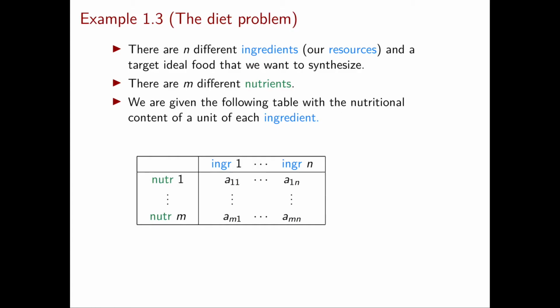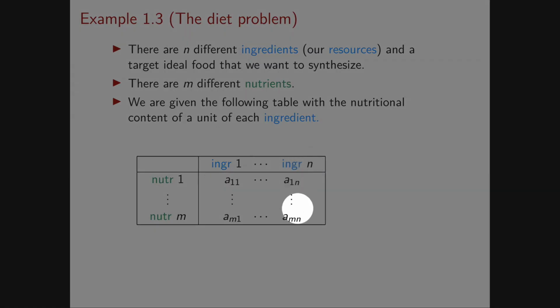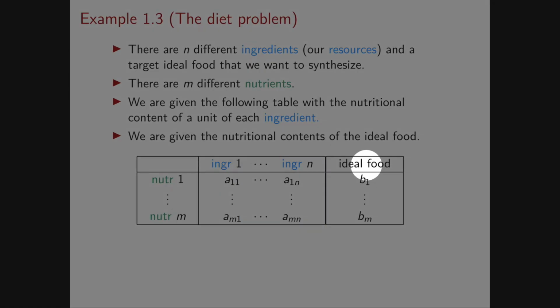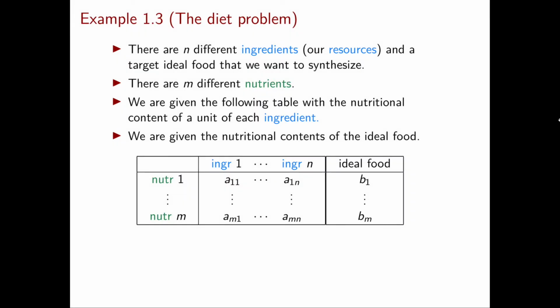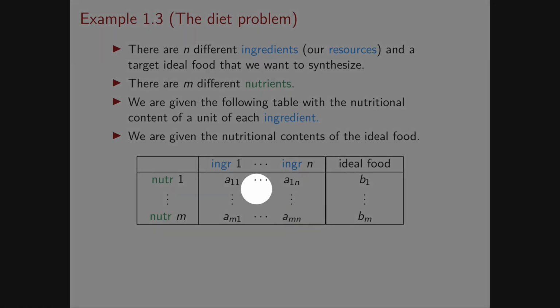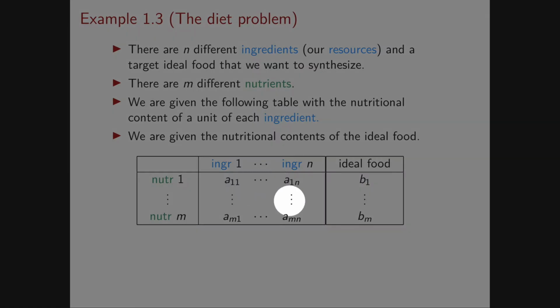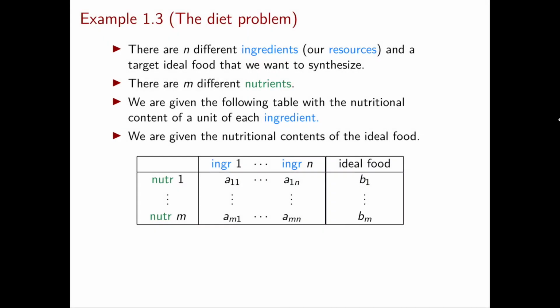And similarly, we have the same data for every ingredient. Then, for our ideal food, we know that it contains b1 units of the nutrient 1, and so on and so forth, bm units of the nutrient m. All this data can be nicely arranged into a matrix, capital A, that contains all our values aij, and in a vector b that contains our b1 until bm.